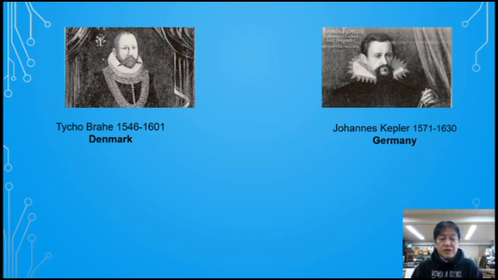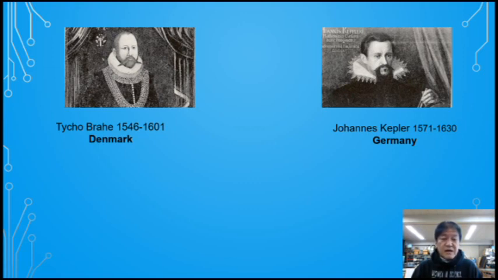The left picture is Tycho Brahe. He was an astronomer who accurately and repeatedly measured the planets' positions for 40 years. The right picture is Johannes Kepler. He was a mathematically talented astronomer who tried to figure out the mechanism behind beautiful outer space.